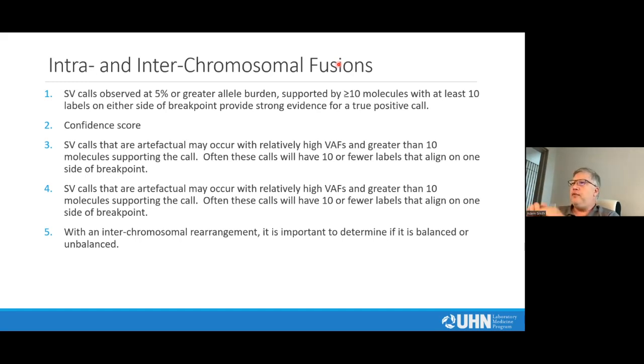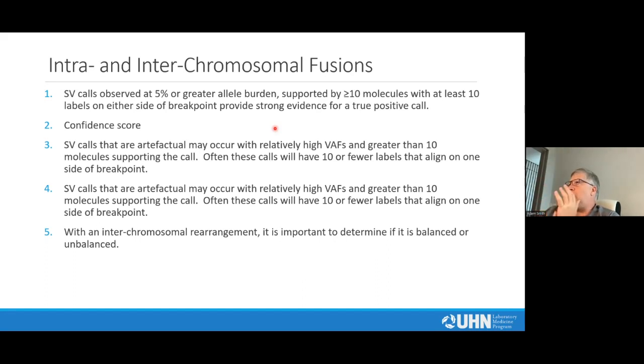If it's not balanced, if there's only one call, then often we would expect to see some kind of imbalance in copy number. So that's one of the ways you know. It's usually easy to tell whether you've got a balanced or an imbalanced rearrangement, because you can see changes in copy number at the breakpoints.